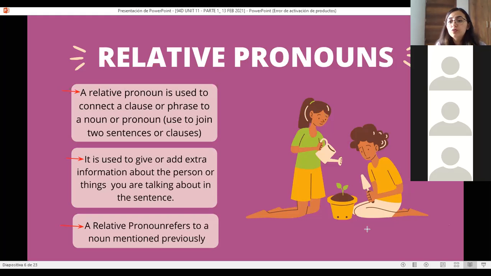It's also used to give extra information. También las podemos utilizar para dar información adicional o información extra. ¿Sí? What do you think these relative pronouns are? Ya los hemos utilizado, algunos de estos. Pero, ¿cuáles creen ustedes que son estos relative pronouns?